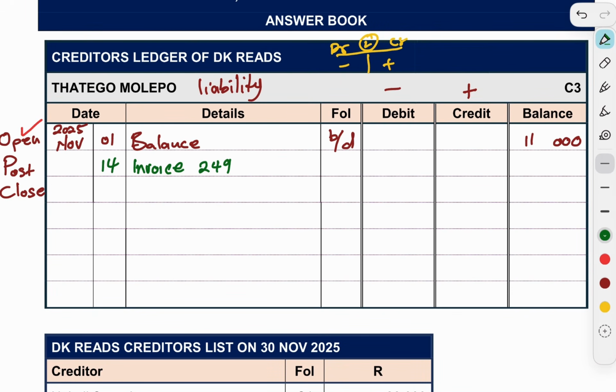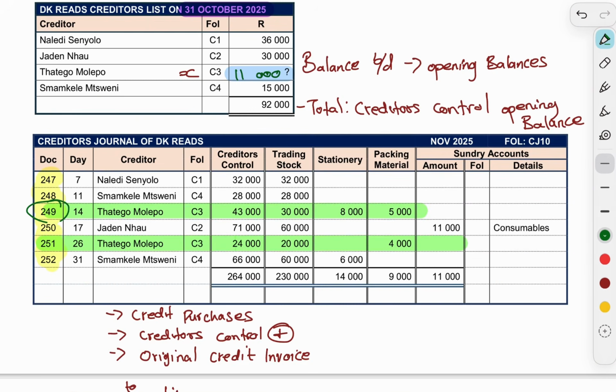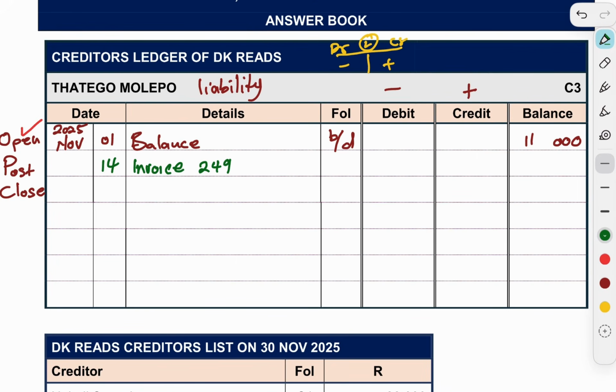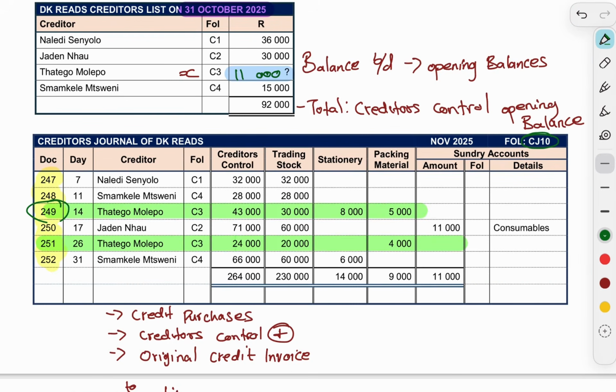From which journal are we taking this information? Let's check. The folio is CJ number 10. So you go back and write CJ number 10. Since we are buying, what's happening to the account? Is it increasing or decreasing? Remember I gave you a side note here.